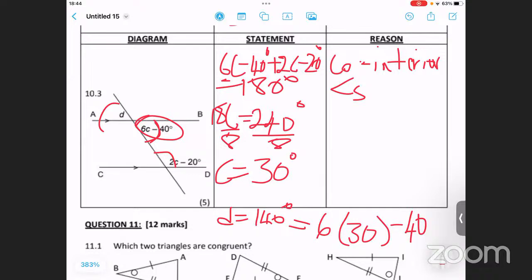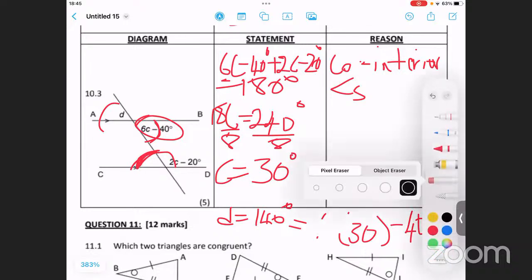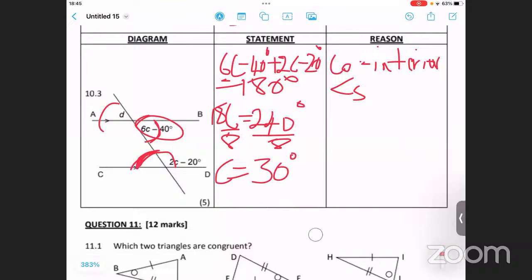And if they had asked for this angle, what were we going to have? How were we going to calculate it? What was going to be the statement and what was going to be the reason? Ma'am, we're going to say the angle is equal to angle 6C minus 40 degrees.